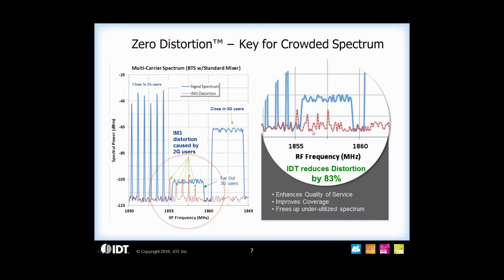And as you see in this particular example, the peaks are lower and we are able to provide you more effective utilization of spectrum. So zero distortion technology from IDT is key for crowded spectrum and enables our customers to have greater utilization of the spectrum.